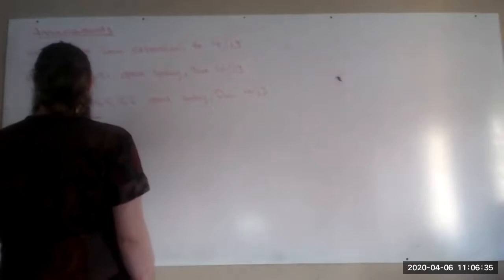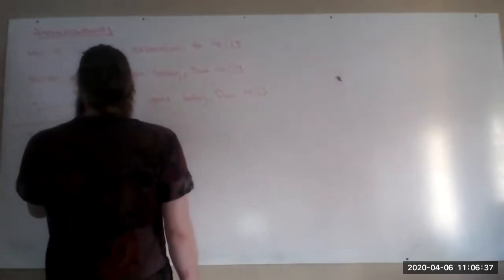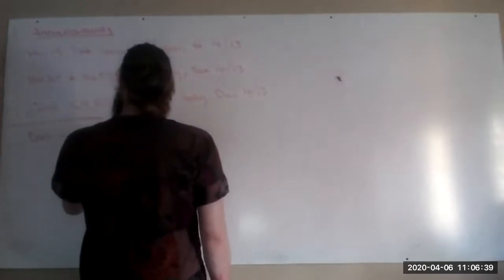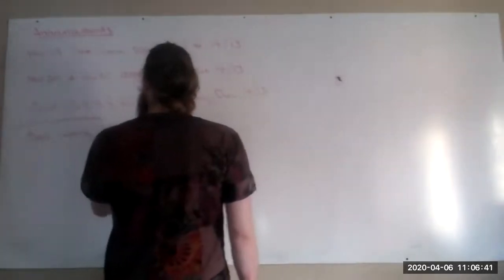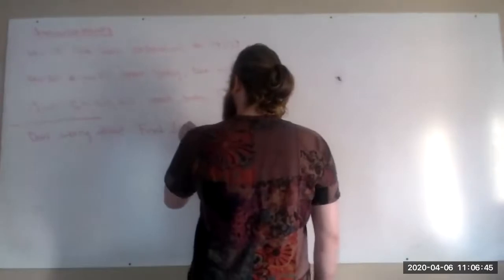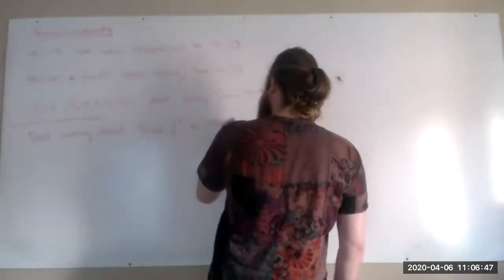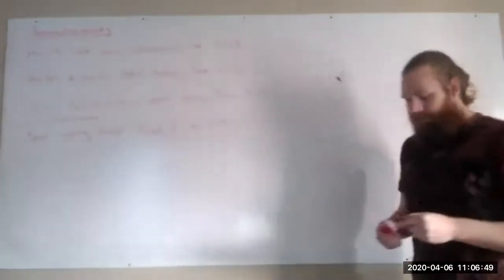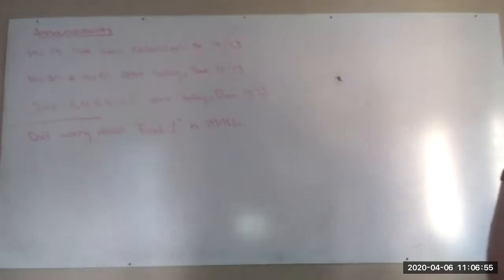I've gotten a bunch of emails about the assignment in my math lab that's showing up as final 1. Don't worry about that. What that is, that's a first draft of the online version of the final exam for this class that the College Algebra Course Committee is working on putting together.